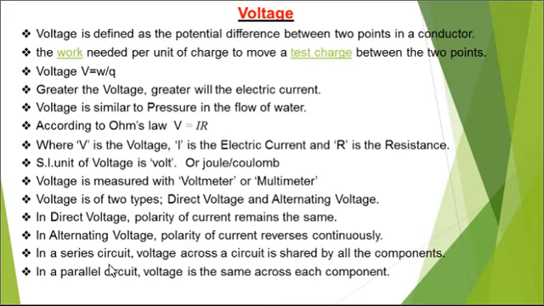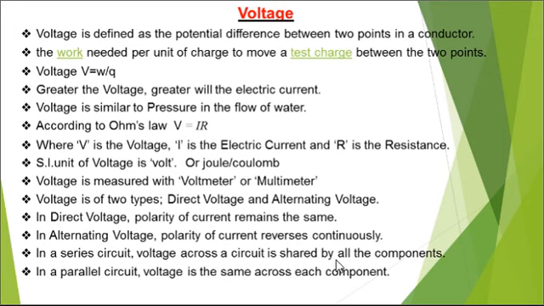And next one, the series circuit. In a series circuit, the voltage across a circuit is shared by all components. Whenever we take an electrical circuit, it consists of various components like resistances, capacitors, diodes and so on. When the components are connected in series, the voltage across the circuit is shared by all components.